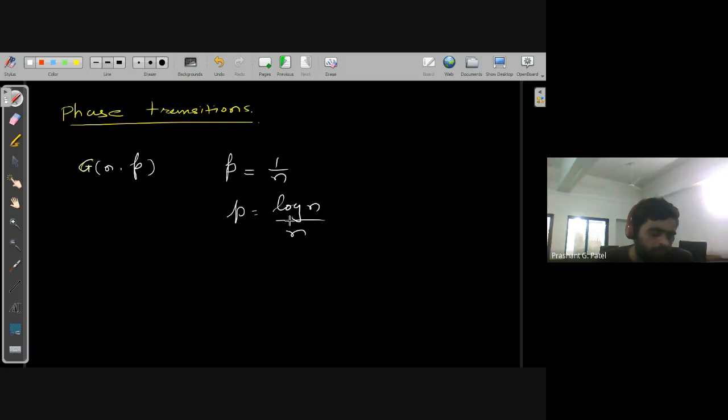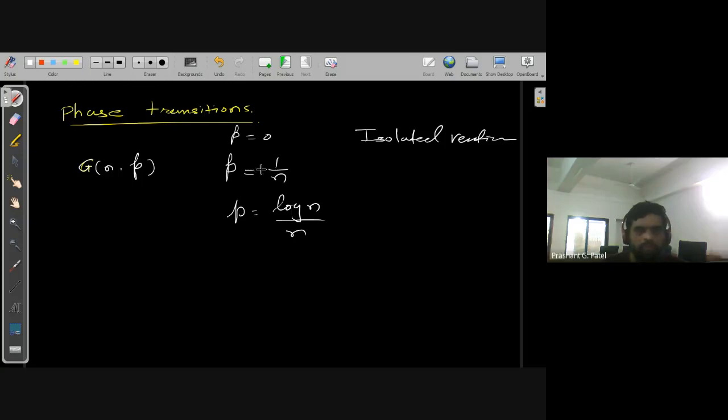So here I am writing some probabilities and what type of transition occurs. For example, for p equal to 0, isolated vertices will be there.